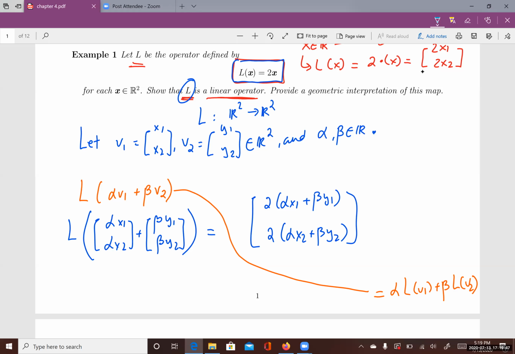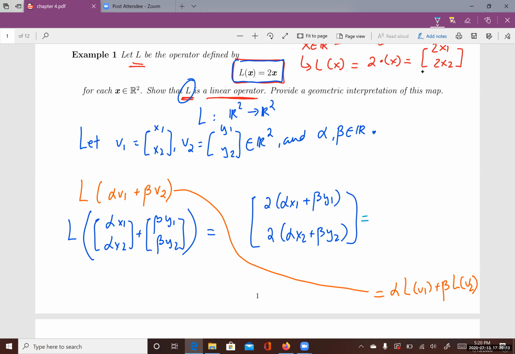So let's keep going here. After I apply the map onto this linear combination vector, I get 2 times this vector, and this is my result. I need to show that this is equal to alpha times LV1 plus beta times LV2. From here, I can separate this vector into 2 different vectors.